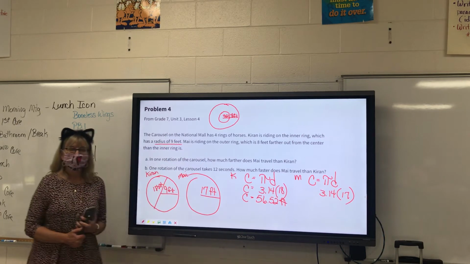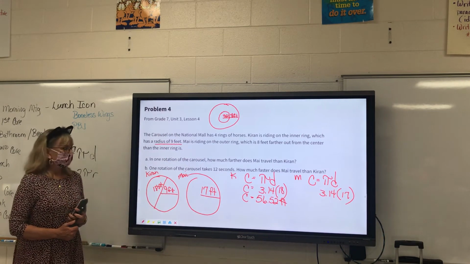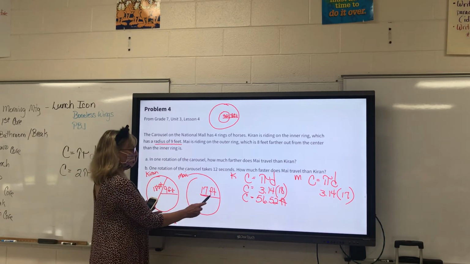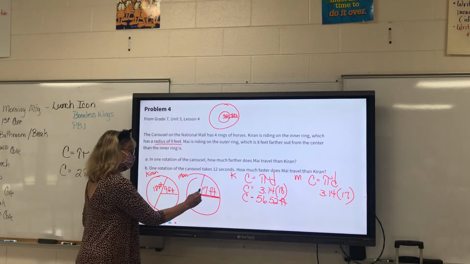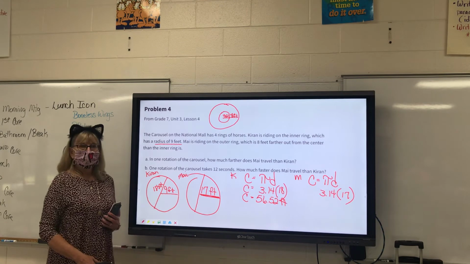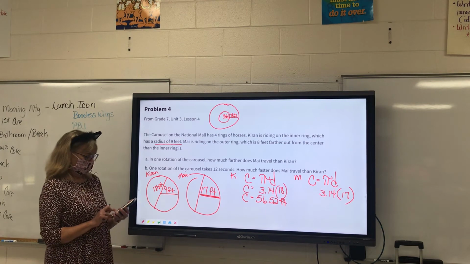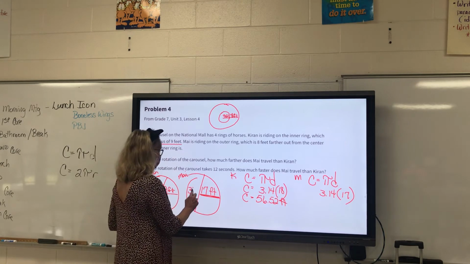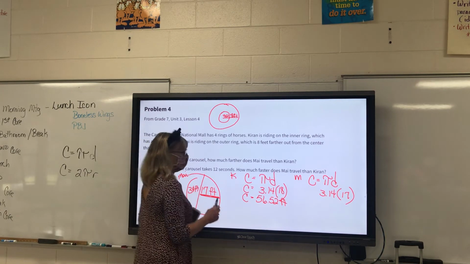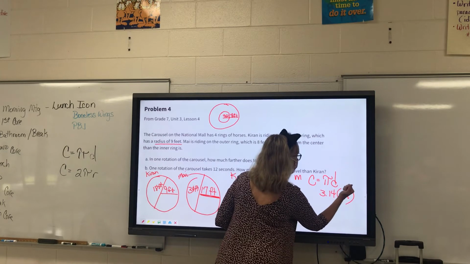I used the radius. I need the diameter. What is 17 times 2? 34. Almost messed up. 106.76.